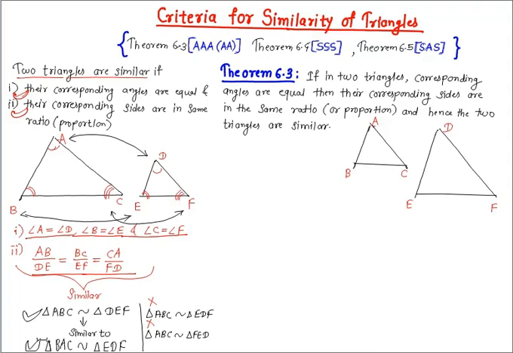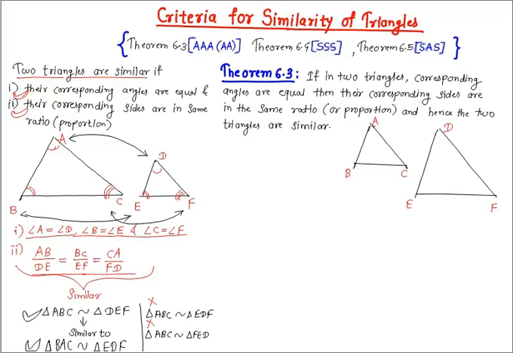What does that mean? We can prove the similarity between two triangles by considering only a few pairs of corresponding parts of two triangles. Now, based on which pairs of corresponding parts of the two triangles we consider, these theorems are designed. In theorem 6.3, we will consider corresponding angles to prove the similarity of triangles, and we won't be considering sides.